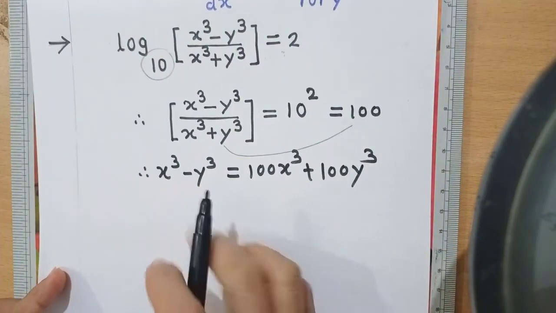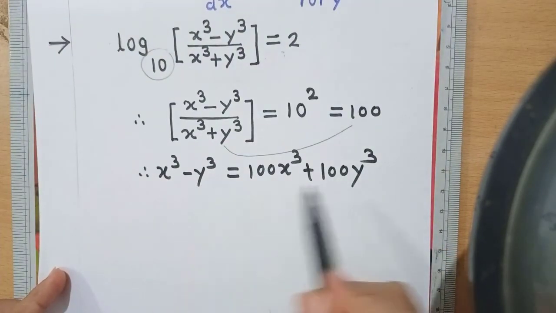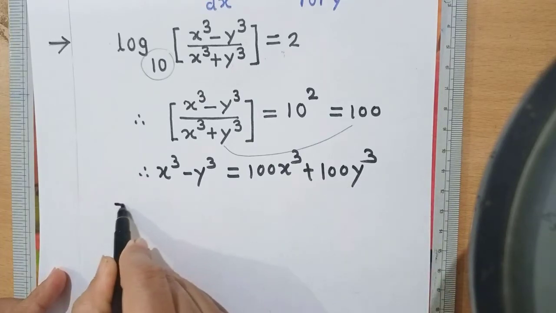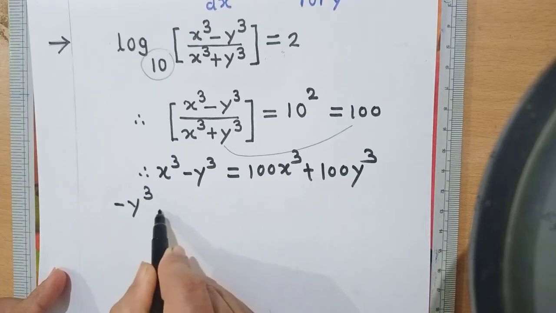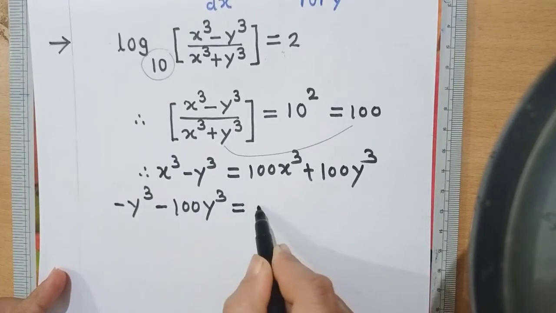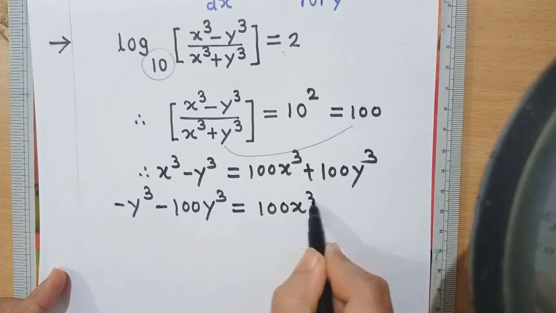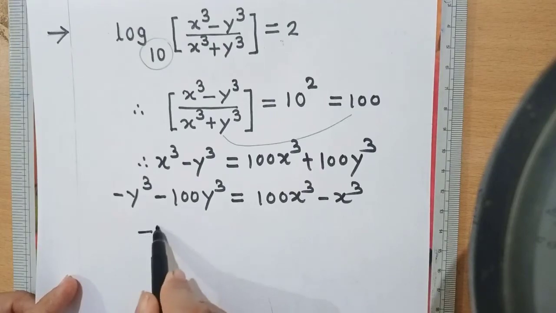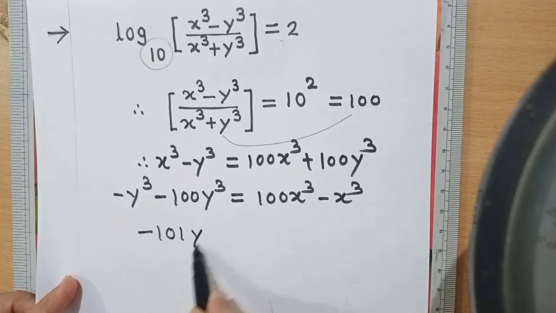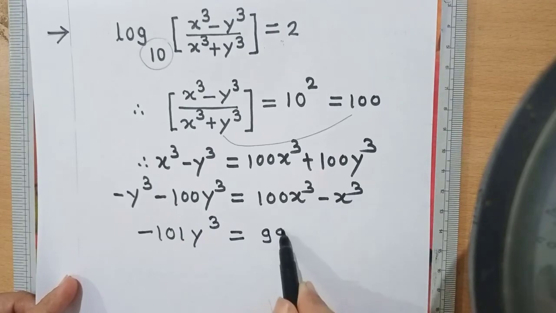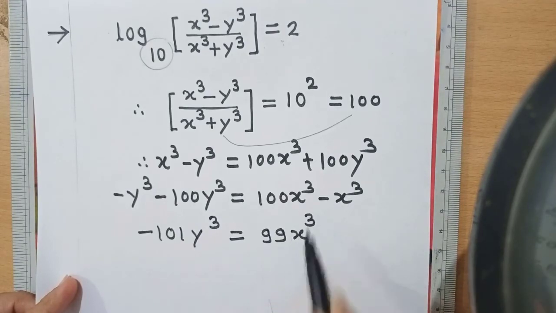Now we will keep y cube and this 100 y cube on the left hand side, because we will feel convenient to find dy by dx. So this is 100 y cube, and that is equal to 100 x cube minus x cube. Now again simplify this. This is 101 y cube, and this is 100 minus 1 means 99 x cube.